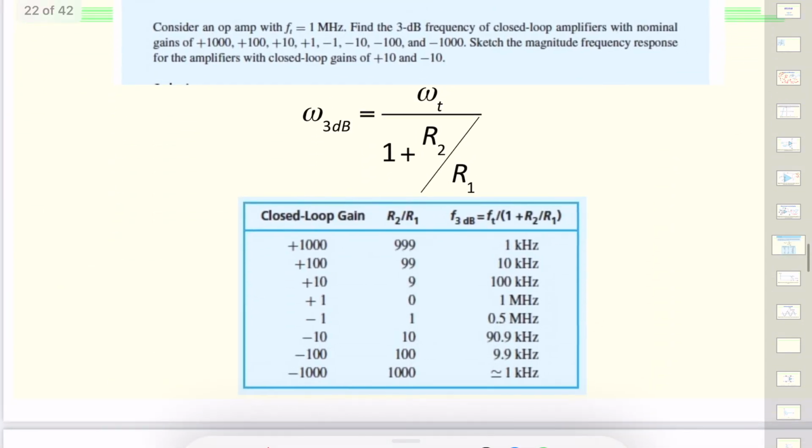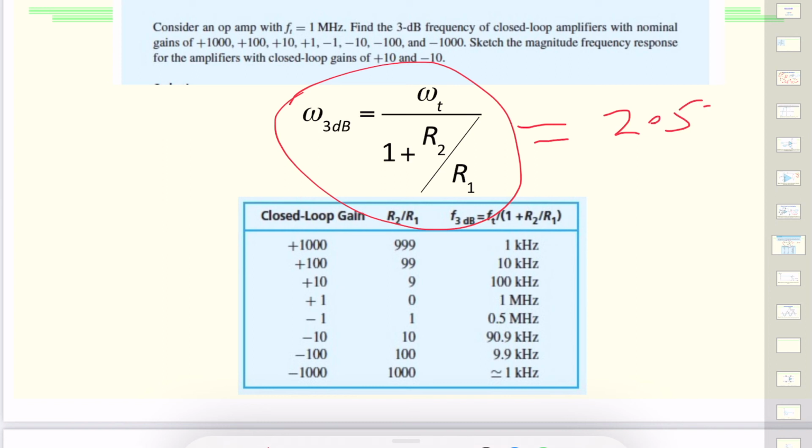So let's take a look at an example to see how frequency response changes with an amplifier with a given gain of plus 10 and minus 10. We use this relationship, which is given as equation 2.53 in the book, and plug in the values here.